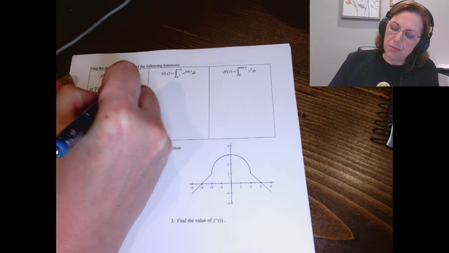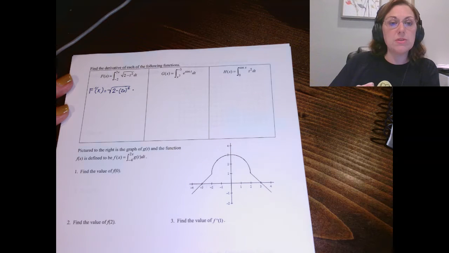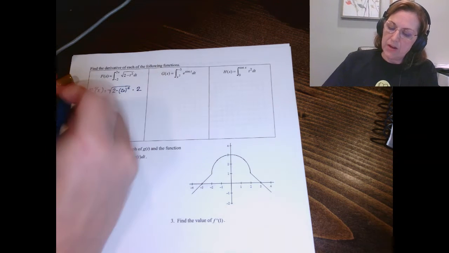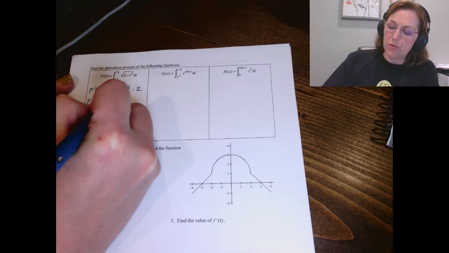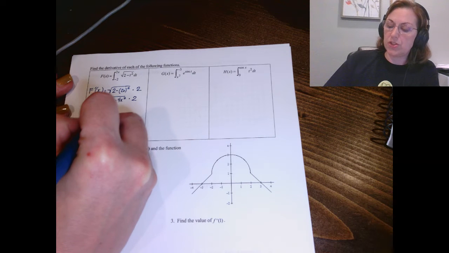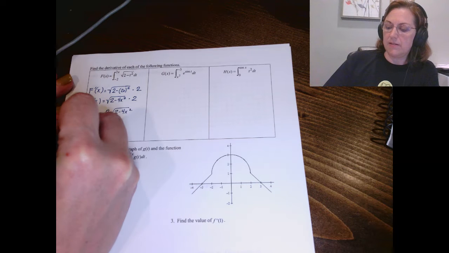So you'll have 2 minus 2x squared. And then you're going to multiply by the derivative of the 2x, which is 2. Now, if you clean that up, you're going to get 2 minus 4x squared times 2, or you can put the 2 in front of the square root like that.